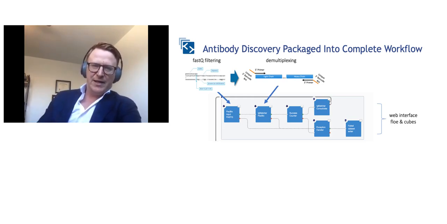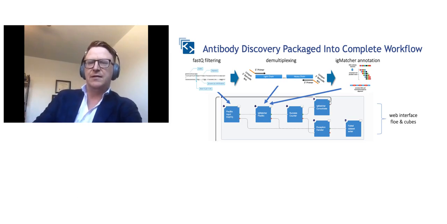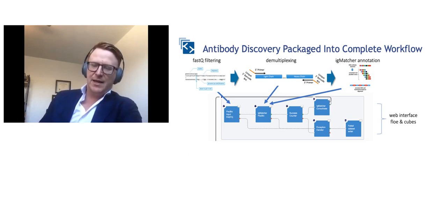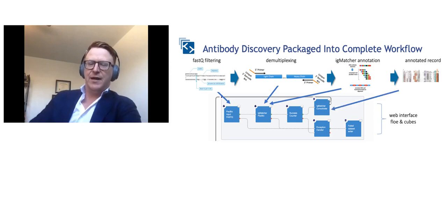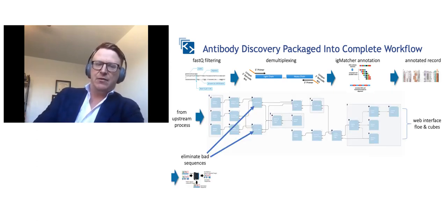All you have to supply is basically an Excel worksheet, and all the demultiplexing is taken care of for you based off however many conditions you want to test out. We have our own internal IgMatcher annotation tool, which basically allows us to annotate synthetic, semi-synthetic, and natural libraries across a variety of species and annotation schemes. So you can identify the CDRs of interest to you. And then this produces an annotated record.